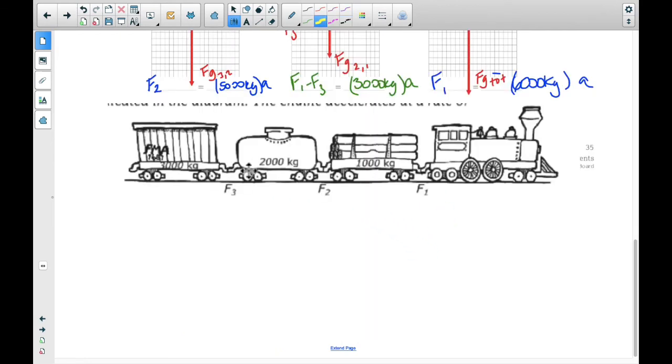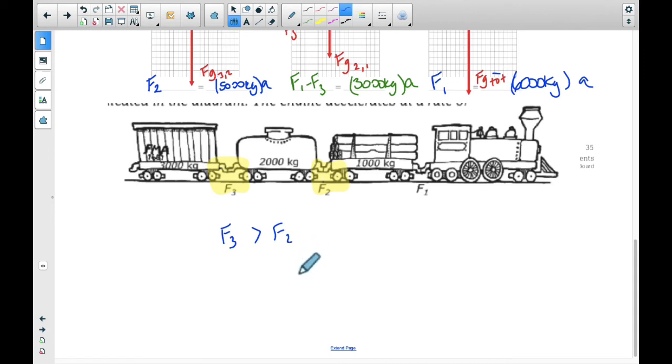I want to take a minute to talk about F sub 3 and F sub 2, and which one's going to have the greater force or maybe the greater tension, and how we're going to decide that. When I ask this question to students, sometimes people say that F sub 3 should be greater than F sub 2.